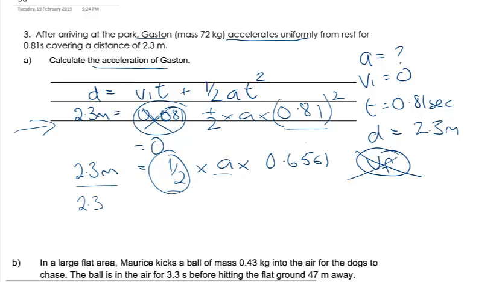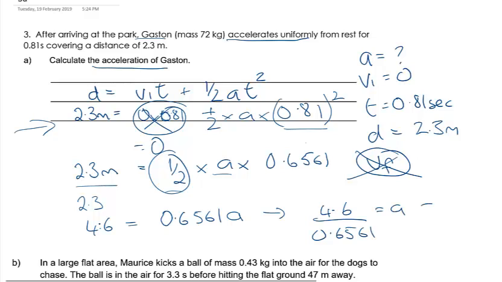So 2.3 divided by 0.5, that's 4.6, equals 0.6561 times a, and then 4.6 divided by 0.6561 equals a.